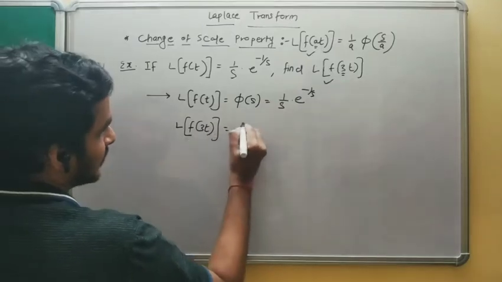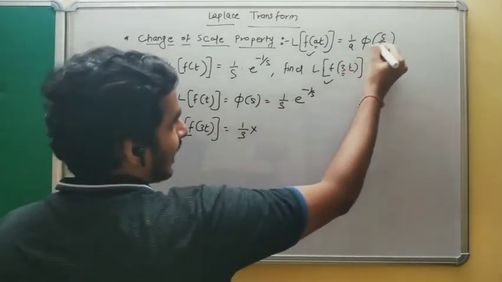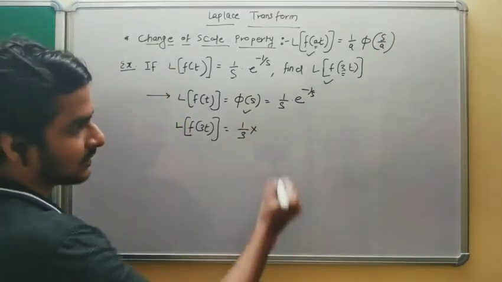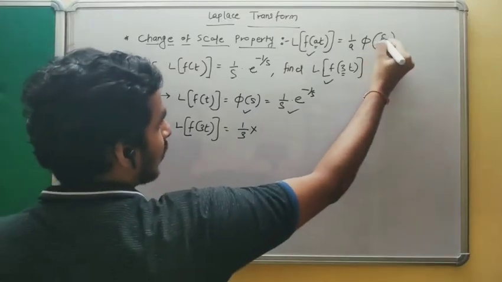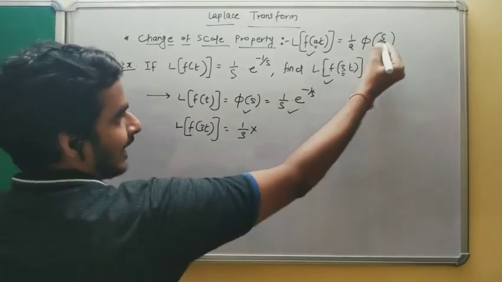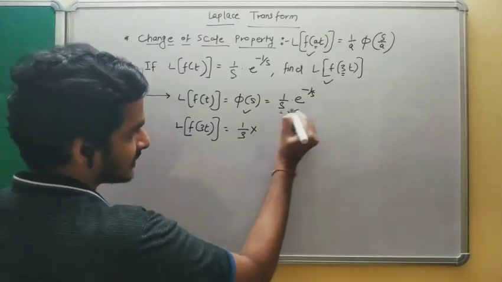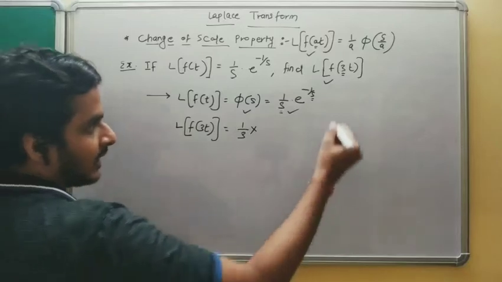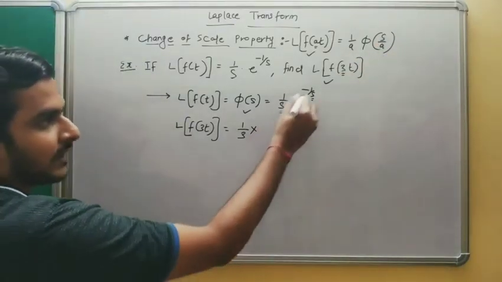Here a is 3, so it will become 1 upon 3. Now phi of s upon a, we know that phi of s is equal to this. So if you have to find phi of s upon a, we have to just put s upon a in place of s. So where there is s, you have to put s upon a. Here a is 3, so we have to put s upon 3 in place of s.